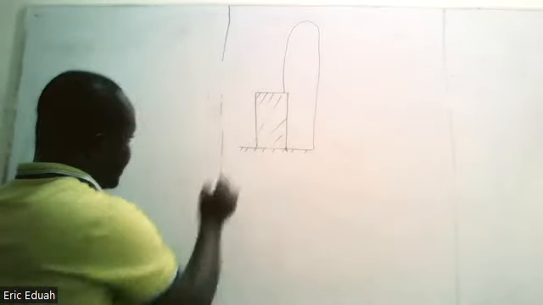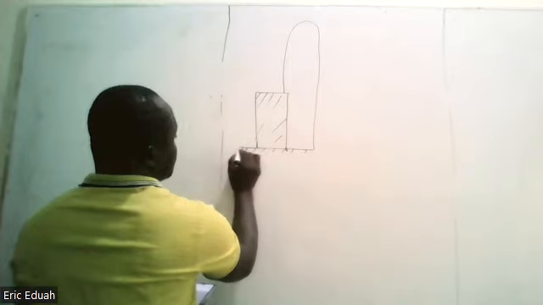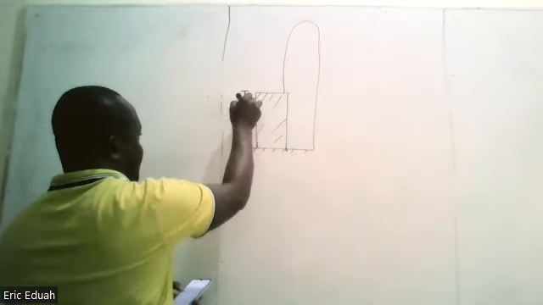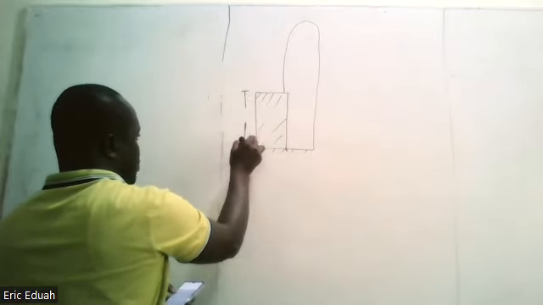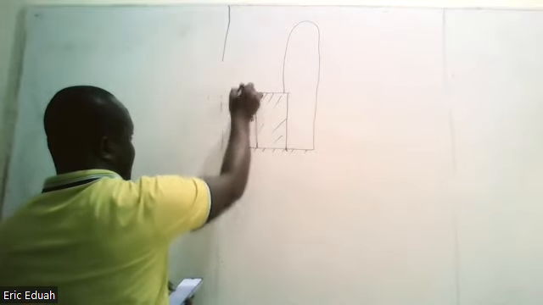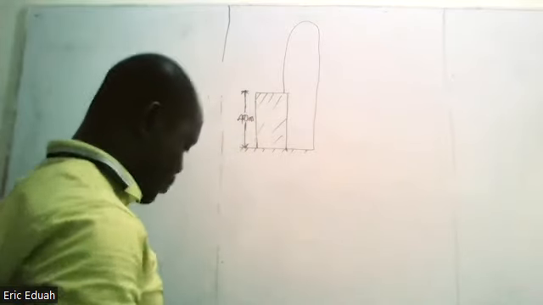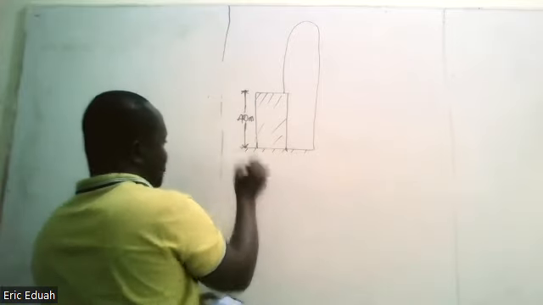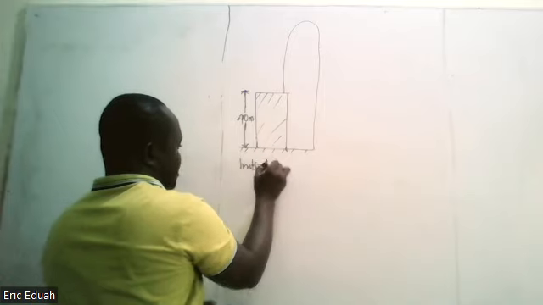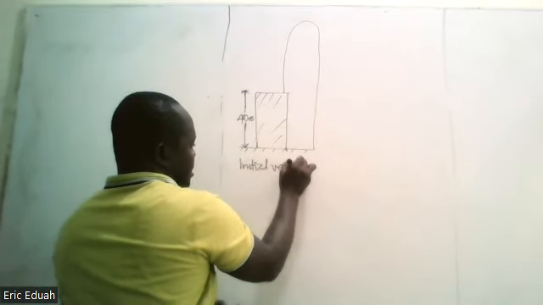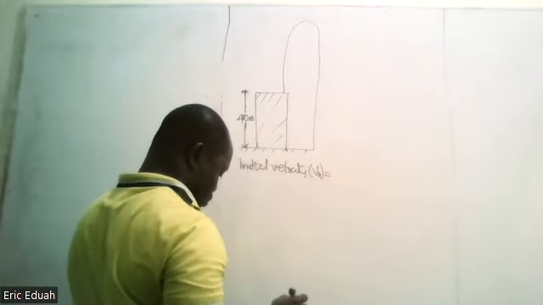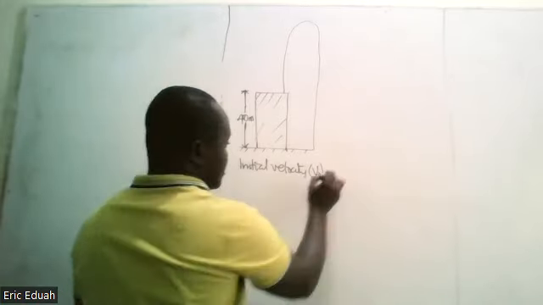Okay, so the height from the ground to the apex of the tower is equal to 40 meters. Now the velocity of projection we are given as V naught is equal to 20 meters per second.